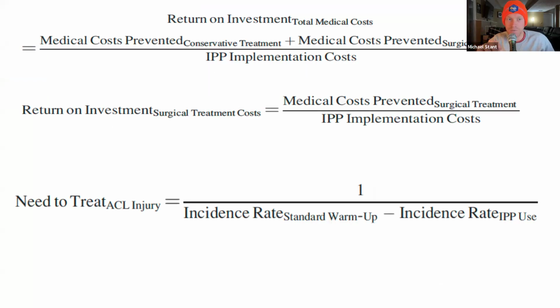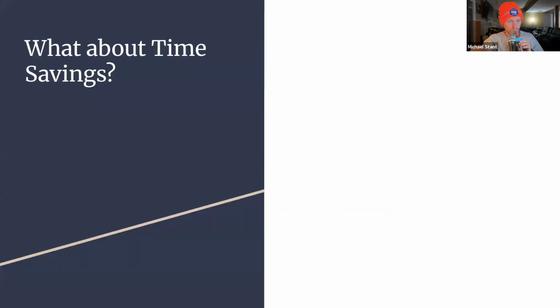These were really for your own use, but those are your return on investment equations. That number needed to treat comes from the incident rate before and the incident rate after, or the incident rate of using a standard warm up versus the injury prevention specific warm up. So those are the three things outlined in the literature.